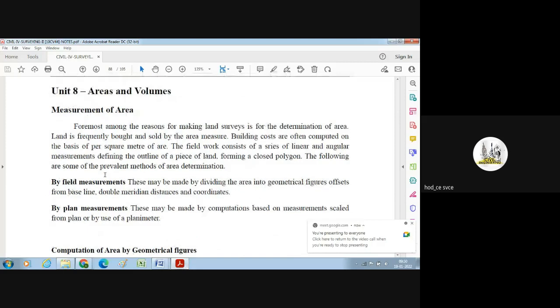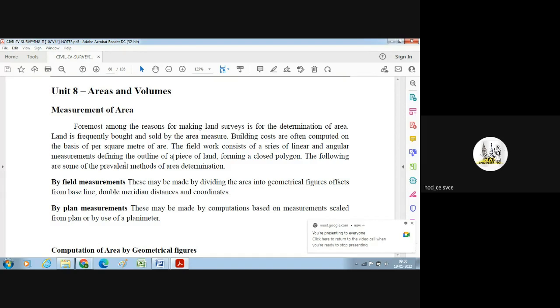See here, measurement of area. As you know, volume is area multiplied by its length. Here, how are we going to calculate the area for different shapes?